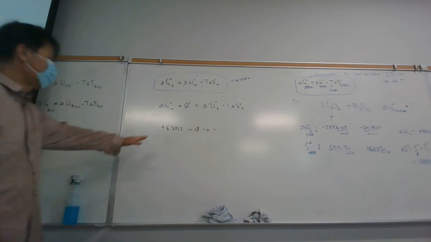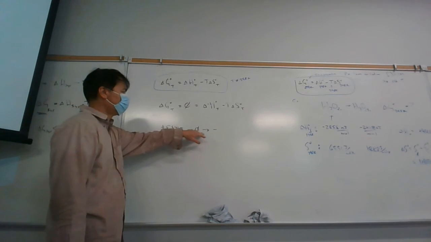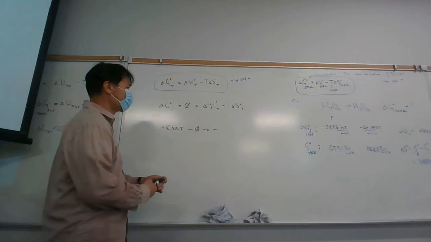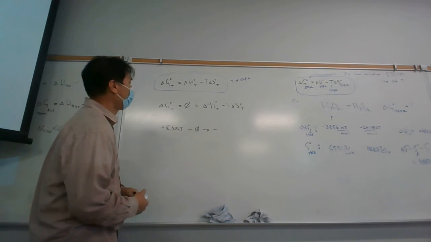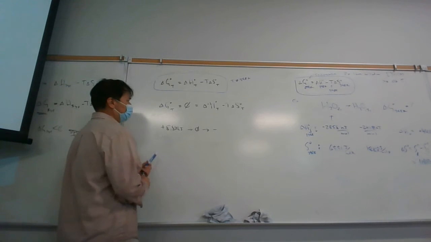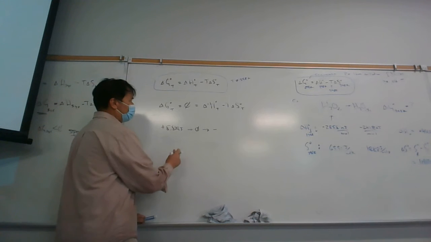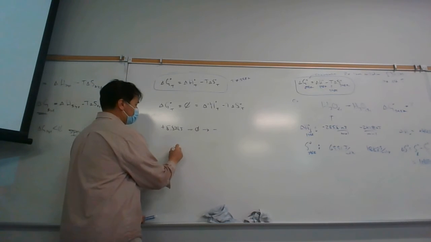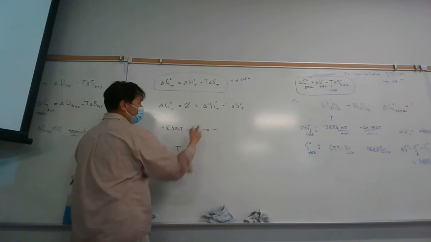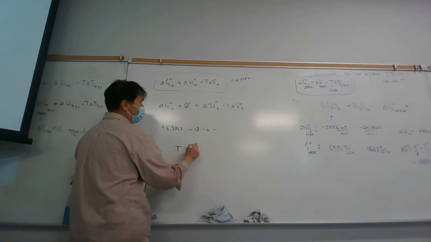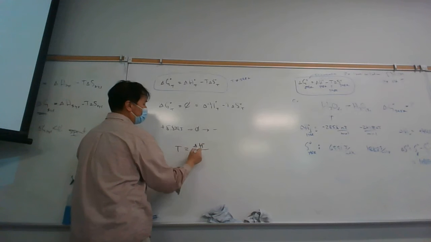We need to decrease this until we hit 0 and then go negative. This is why we're going to set it to 0, to make it spontaneous. That means we solve this equation for T. So T is going to equal delta H naught over delta S naught.